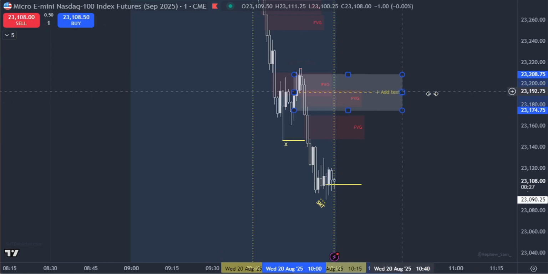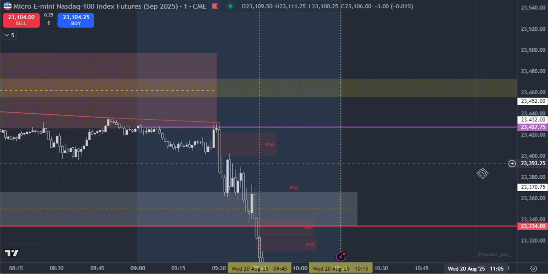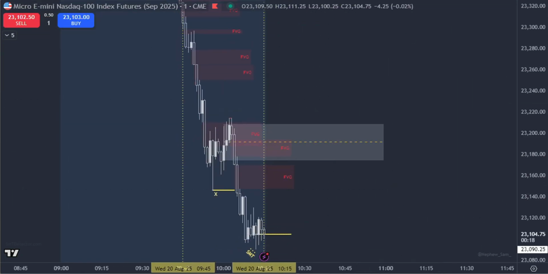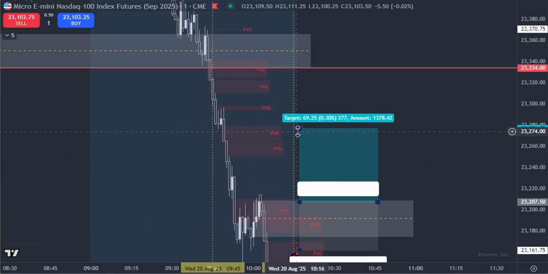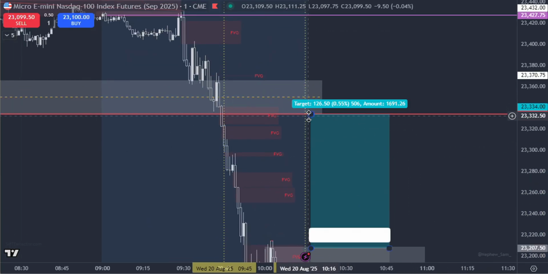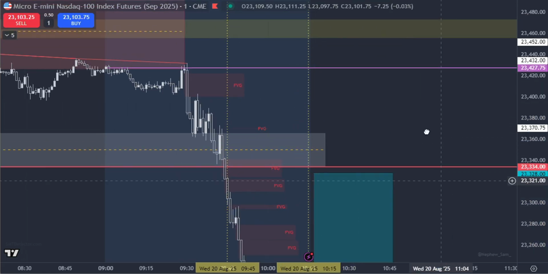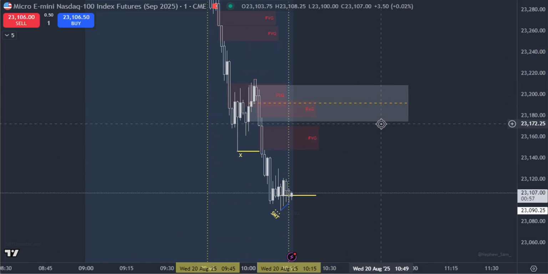If we close above that, then you can take longs. And I would not shoot for all the way up here. I would just look for here. I would probably take partials, like if you close above here, you can have longs and take partials at this low. And then if you want runners, you can target up here. But it doesn't look like we're going to have a move.